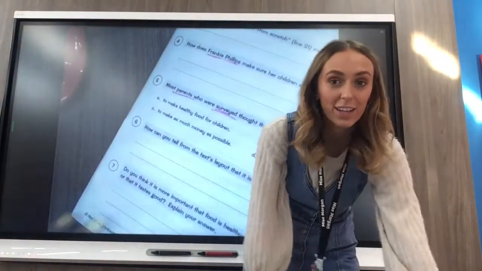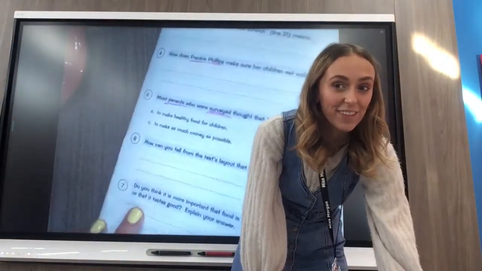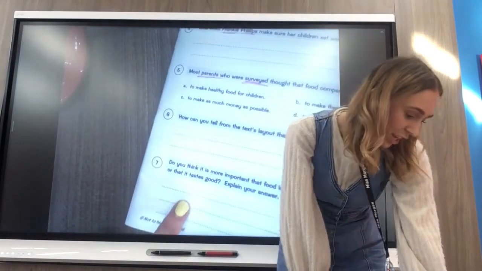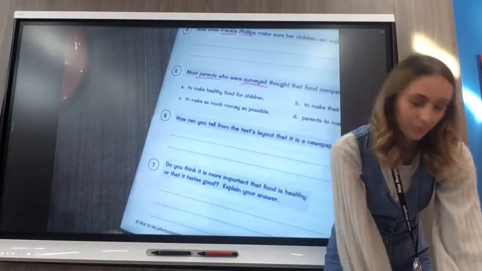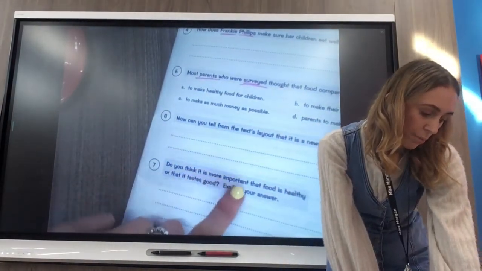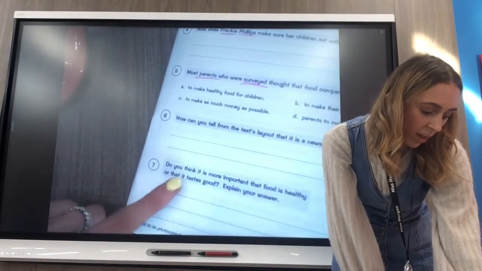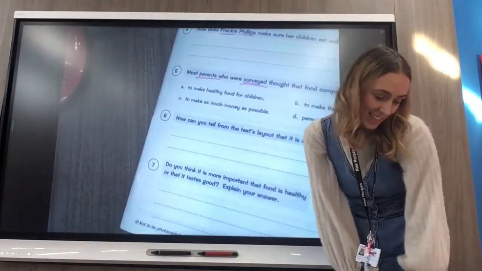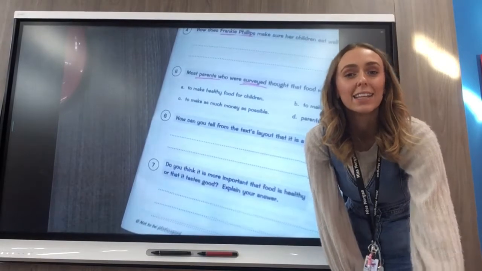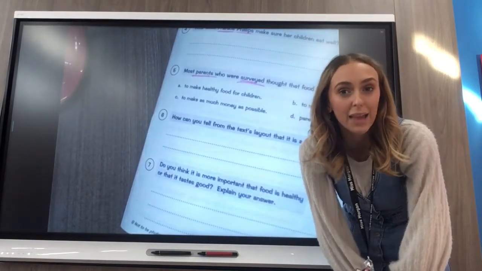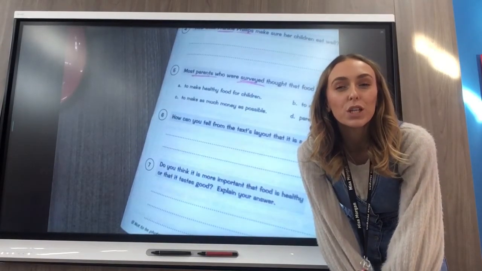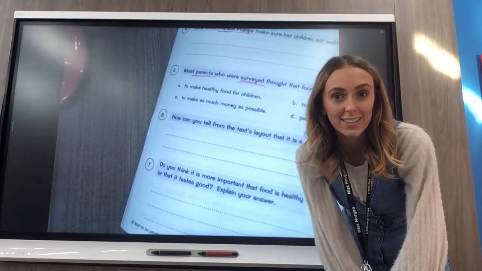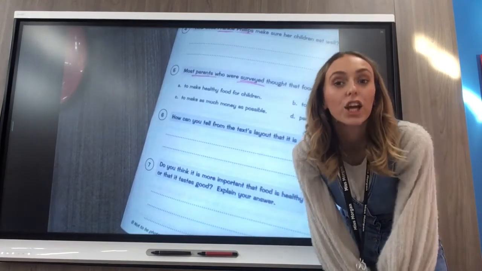And last question, we're nearly there, year 3, doing really well, is do you think it is more important that food is healthy or that it tastes good? Explain your answer. Now, what do we do if we've got to explain our answer? What do we use to expand our sentence? That's right, a conjunction.